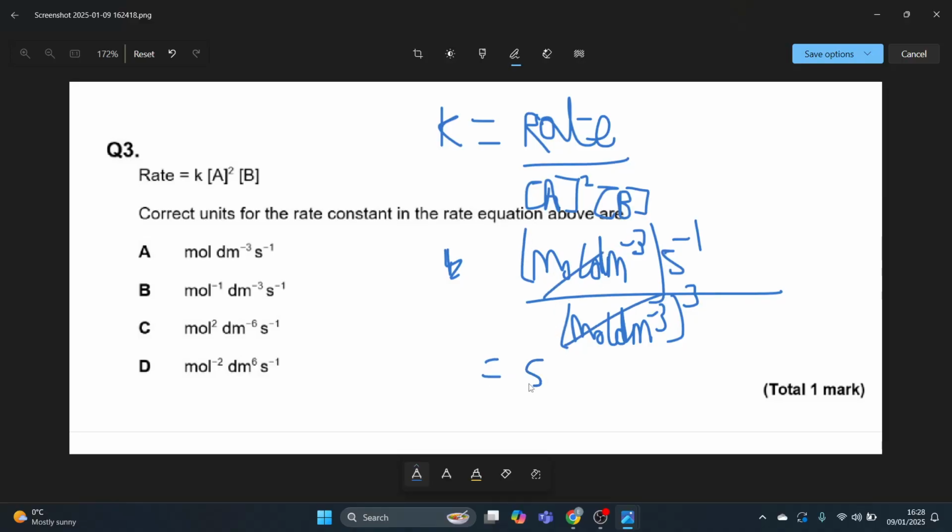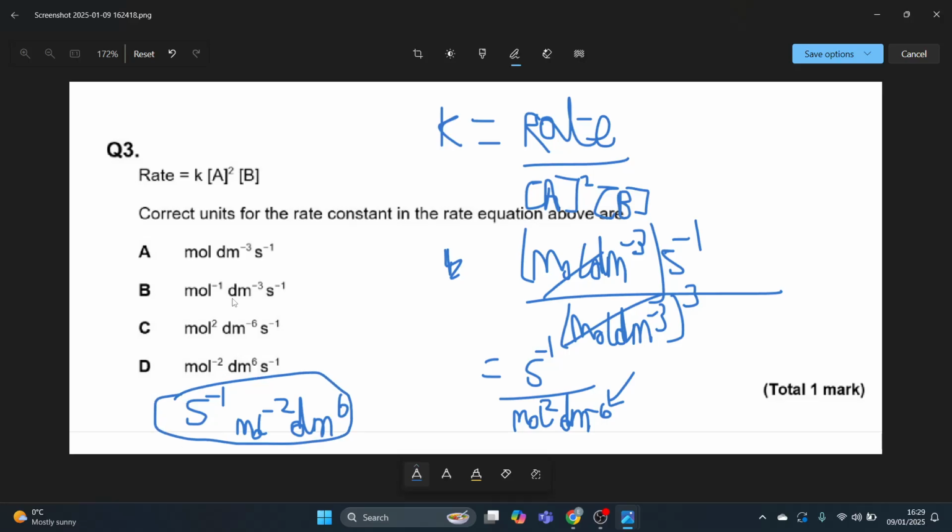So now we're left with s to the power minus 1 divided by mol dm minus 3 squared, which is mol to the power 2 dm to the power minus 6. But we want it in this format, not a fraction, and because these are on the denominator, we do the inverse of that. So it's going to be s to the power minus 1, mol to the power minus 2, dm to the power plus 6. So we're left with that, and whichever one fits that.